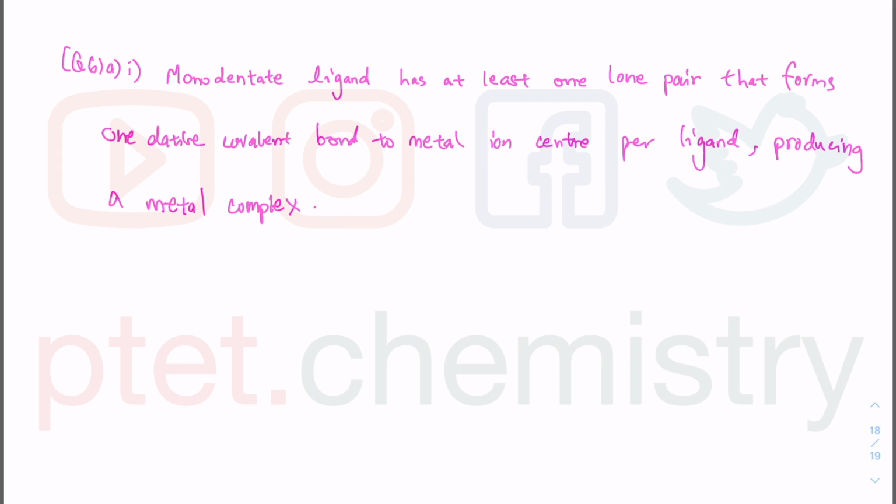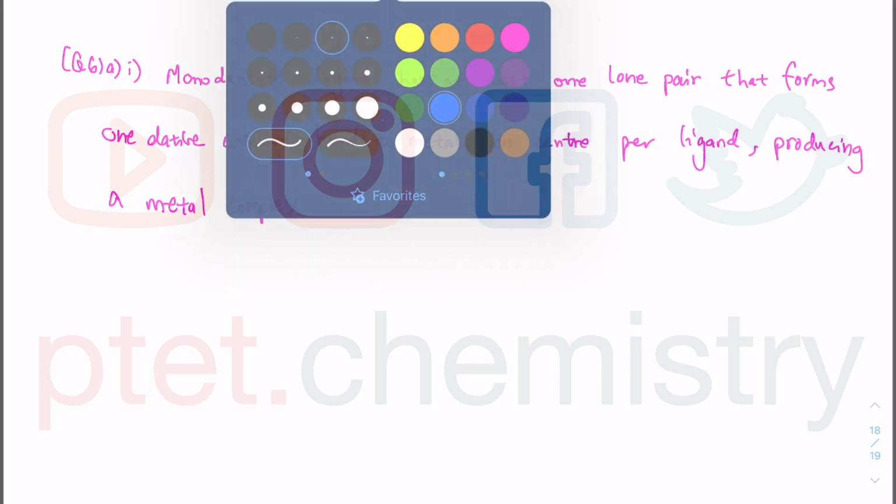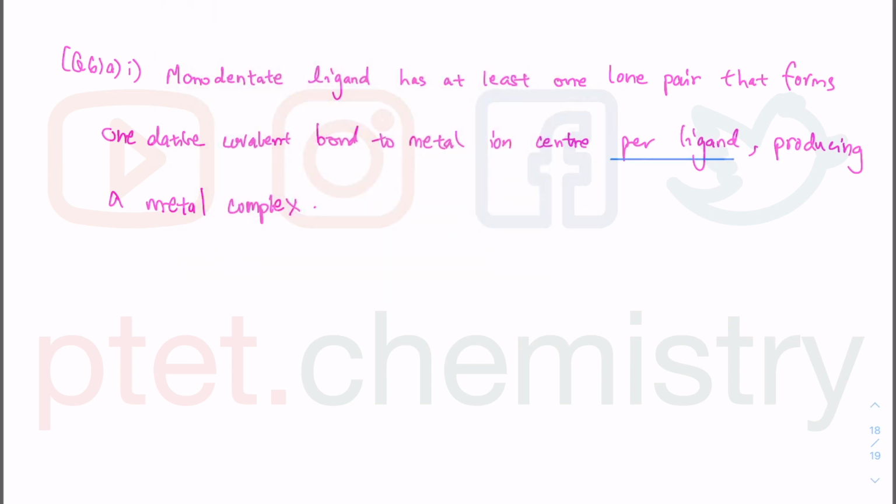Importantly, monodentate means they just form one dative bond per ligand. A lot of students will miss out the idea of per ligand, because when you have a bidentate ligand, you will have formed two dative covalent bonds per ligand molecule or per ligand ion, and they all form complexes.